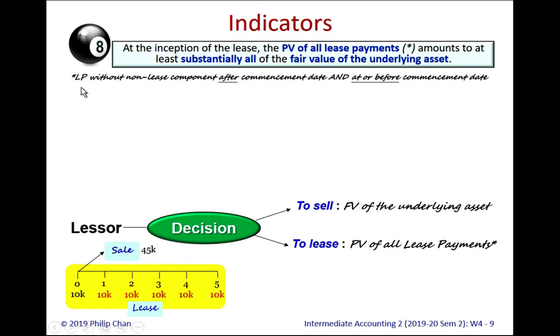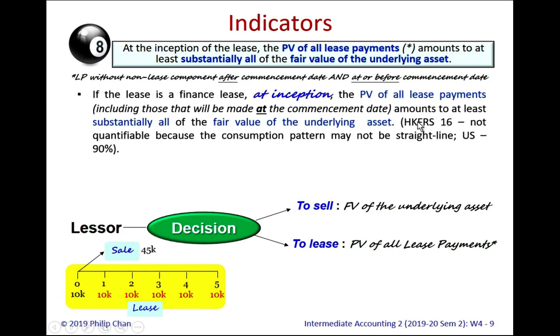That's the point I made here to draw attention. Remember, all those lease payments, which means LP, would be excluding, first of all, the non-lease components, of course, and they are payments after the commencement date, as well as payments at or before the commencement day, which includes that 10K here. Okay, so now we know it.